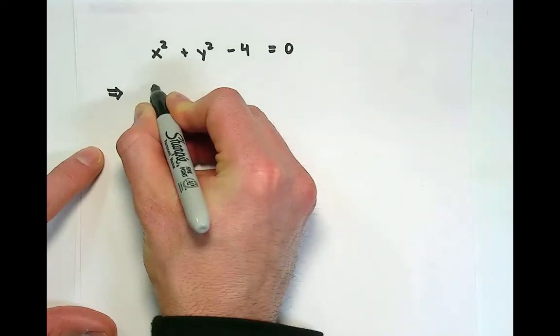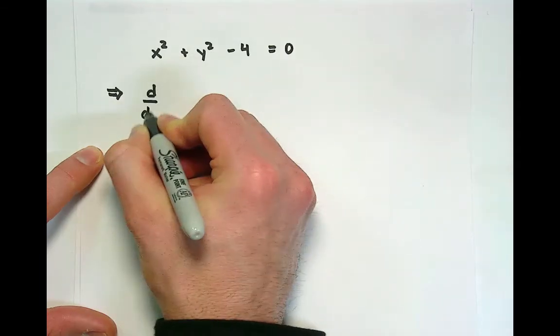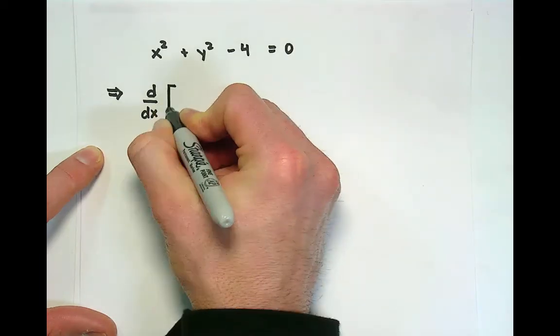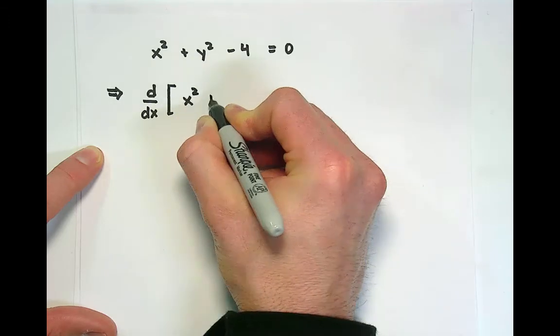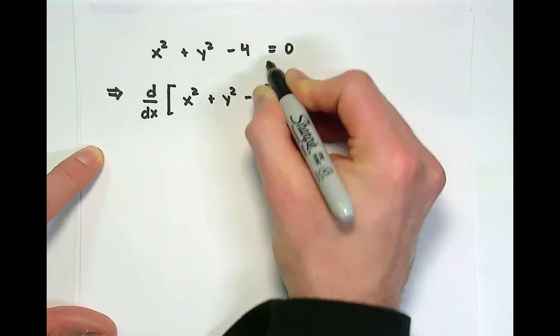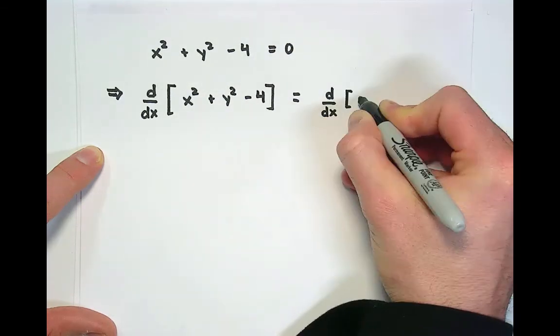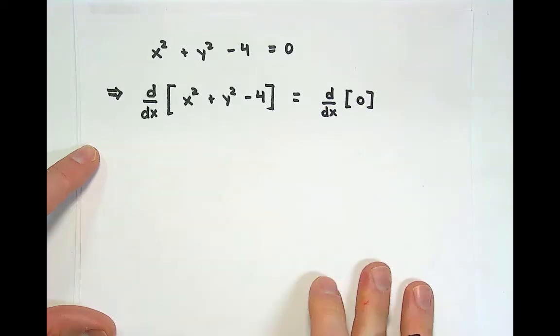So step 1 was to differentiate both sides with respect to x. So here I'm going to go ahead and take the derivative of the entire left-hand side with respect to x. Of course, because this is an equation, anything I do to the left-hand side of the equation, I must also do to the right-hand side of this equation.